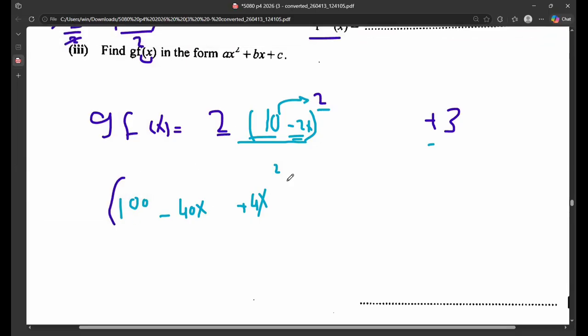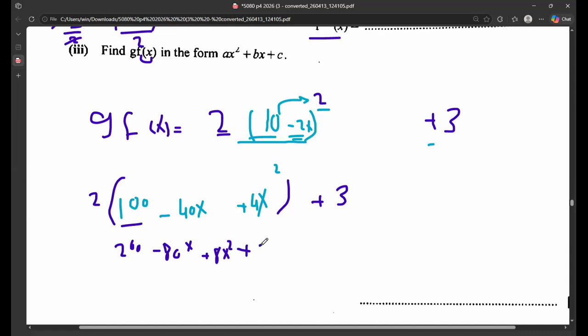So all of this you multiply by 2, then after multiplying we add 3 to the numbers here. So here it will be 200, minus 80x, plus 8x squared plus 3.